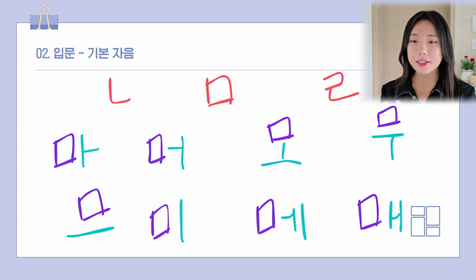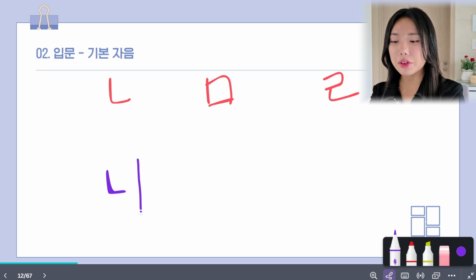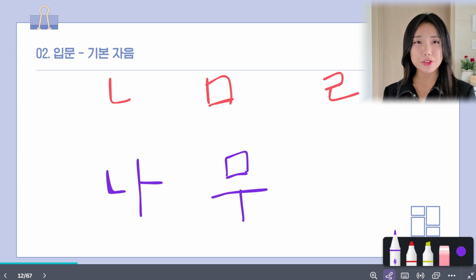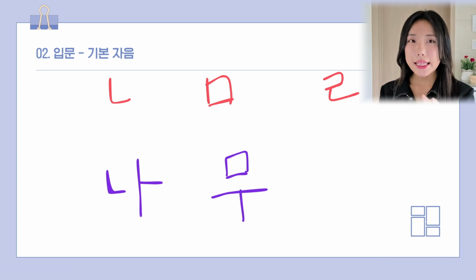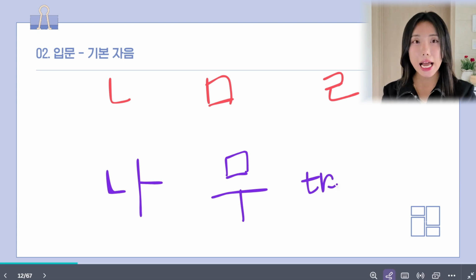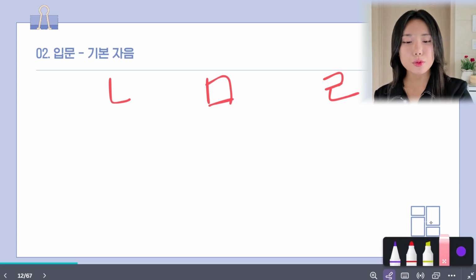Alright, now let's practice reading some real words. There's this combination, N and A, and then M and U. How would you read this? 나무, which means tree. 나무. Next one.